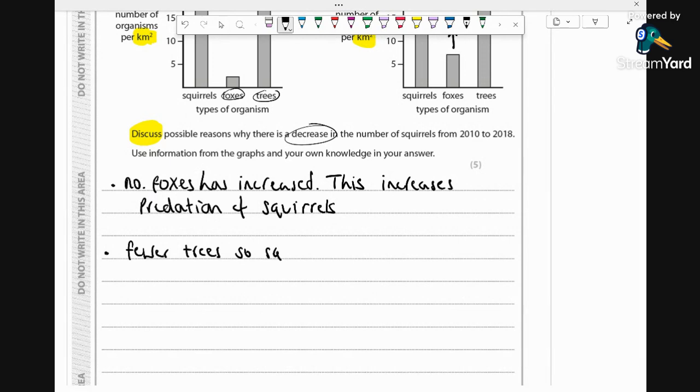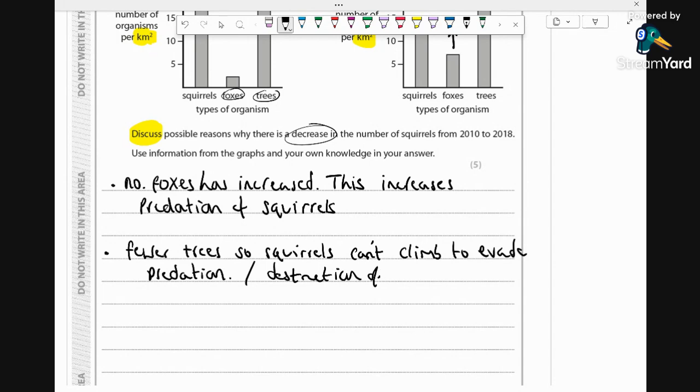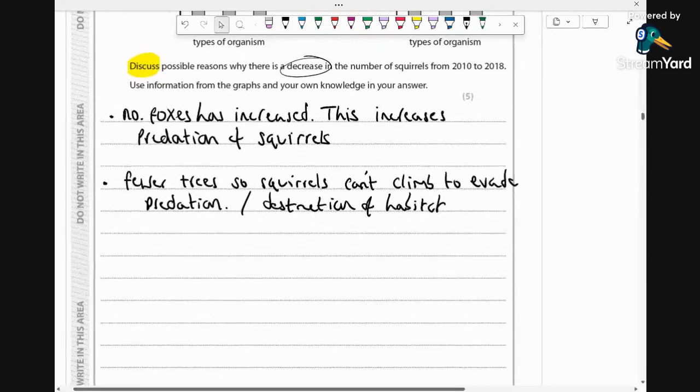So squirrels can't climb to evade predation. It's also destruction potentially of their habitat, so numbers will reduce. That's what I'd say from the graph.